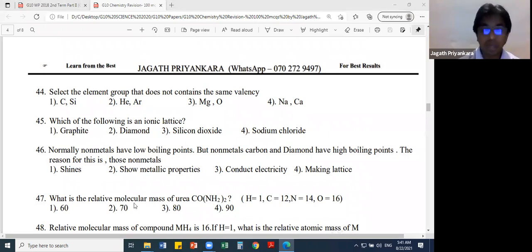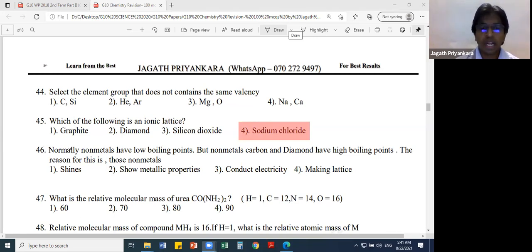It's very easy. An ionic lattice is made of ions, positive ions and negative ions, and all ionic compounds exist as ionic lattices. Therefore, sodium chloride is the most common ionic lattice you come across in your day-to-day life.